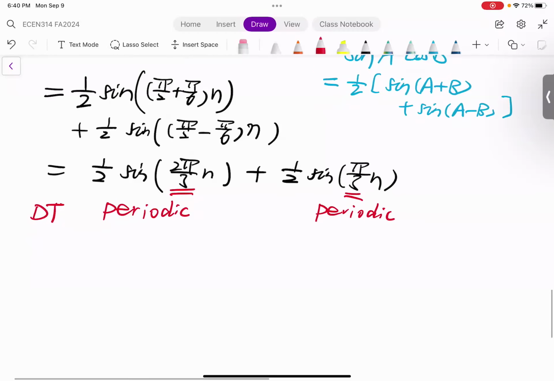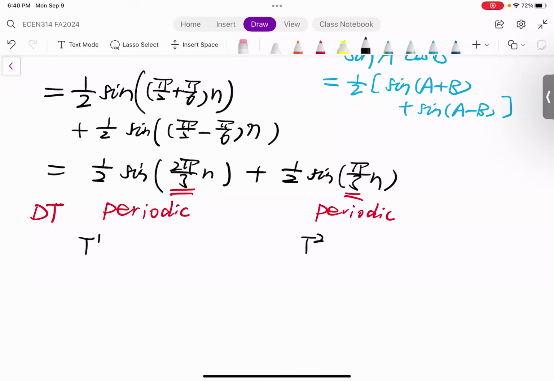And what are their fundamental periods? Well, let's see. In the first case, let me call it T1, because we have two signals. So I put a superscript there. Does that mean it's a square? Well, let's use a different notation.